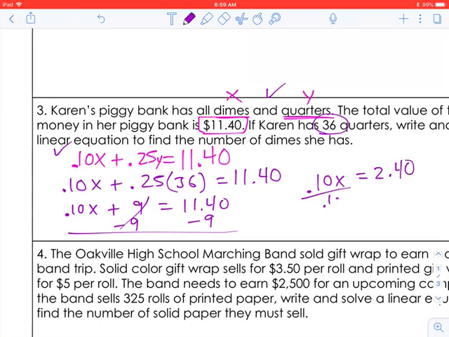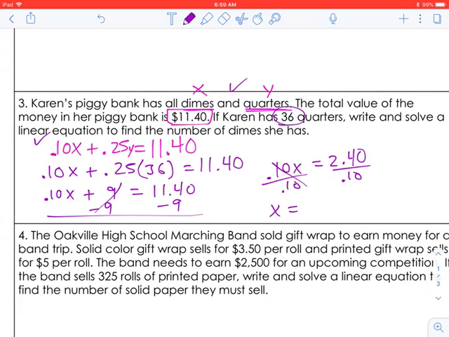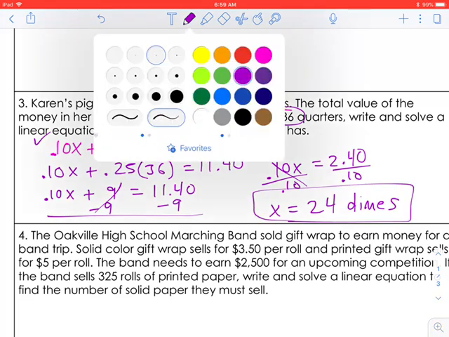Divide by 0.10, and I get x equals 2.40 divided by 0.10, and we get 24. Now, 24 what? Look at what we're trying to find: the number of dimes. So 24 dimes. Label your answer.